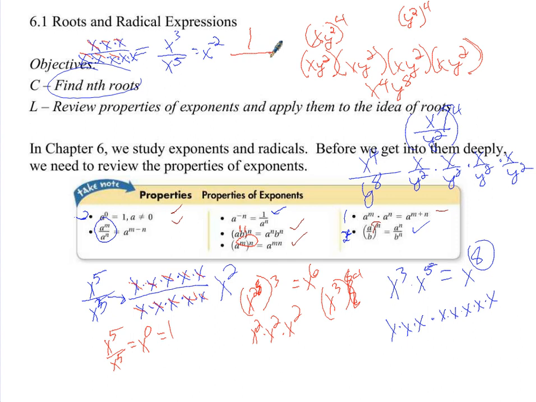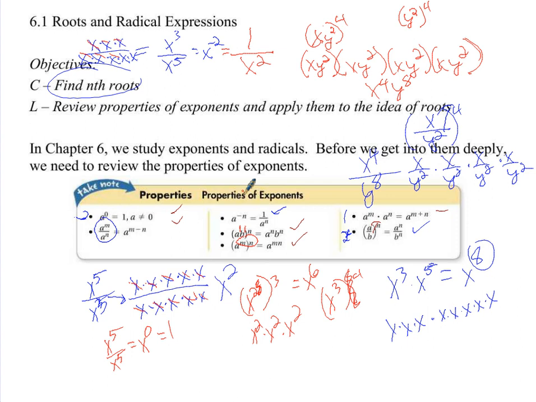Divided by what's left in the denominator? X squared. So we know that x to the third divided by x to the fifth gives me x to the negative second power based on this rule right here. But when I write it out like this and form all my fancy ones, I wind up with 1 over x to the positive 2. So therefore, x to the negative second power is 1 over x to the positive second power. And that's where this property right here comes from.